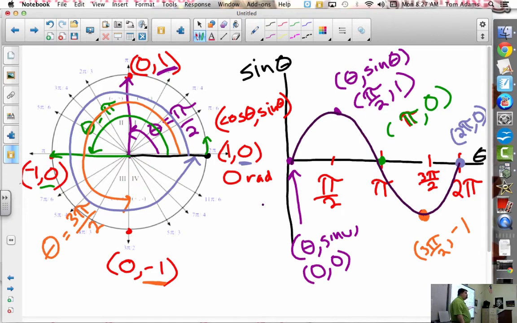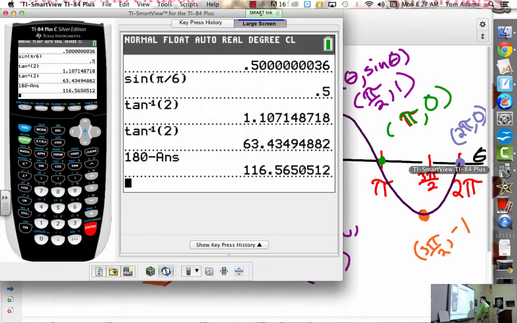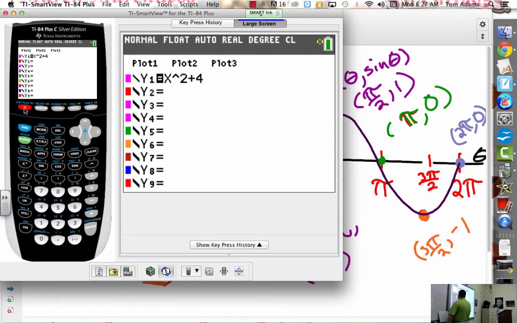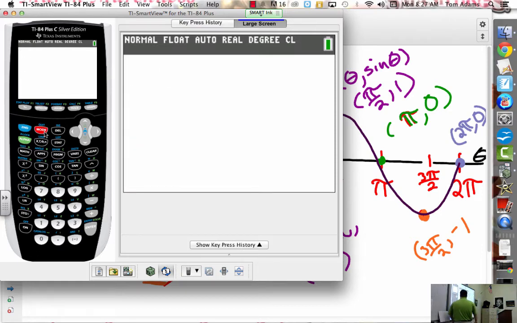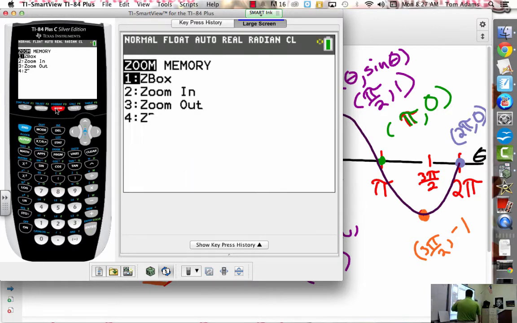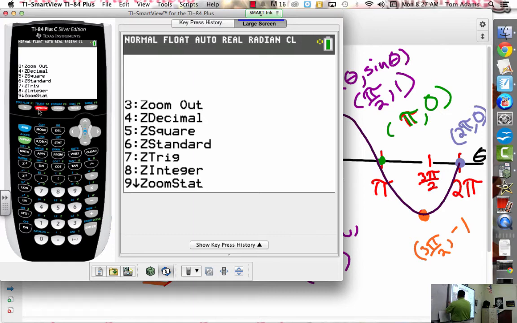And then from there on, it just repeats itself. So if I were to graph this on a graphing calculator, and I said sine of x, and I wanted to make sure that I'm in radian mode, and I'm going to set my window up a specific way.